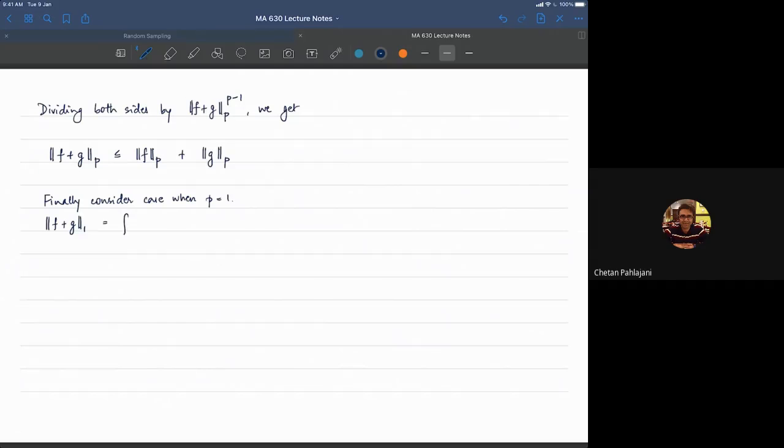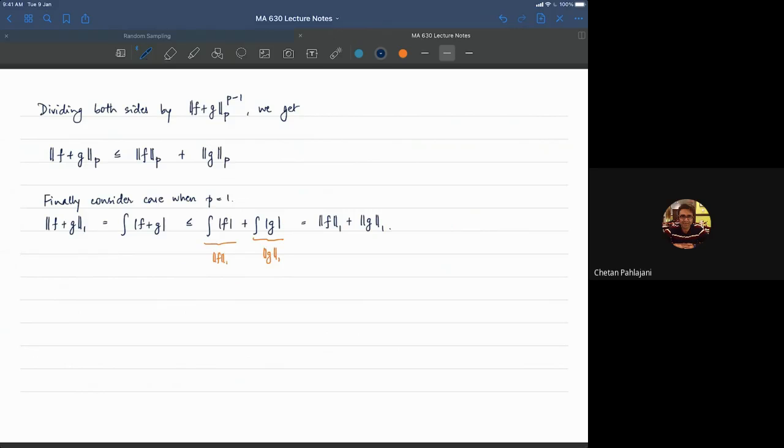This is the integral of the absolute value of f plus g, right? But by the triangle inequality, this is less than or equal to the integral of the absolute value of f plus the integral of the absolute value of g. But wait a second, what is the integral of the absolute value of f? This is simply the L1 norm of f. And this is simply the L1 norm of g. And so, yes, even for the case p equals 1, it's quite trivial.